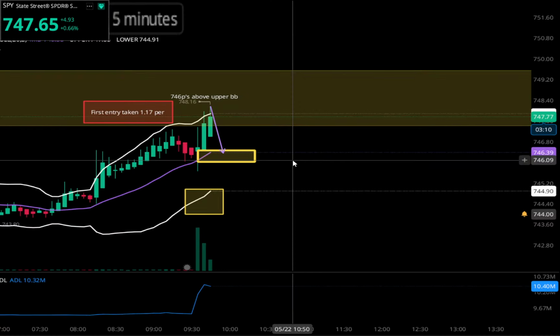Now, usually I'd be looking over the HIG and Liquid and BVIX and everything else, but we're not doing that today. We're focusing purely on whether the trades are there or not by our rule set. I will show you that this rule set works without having to look at everything else.